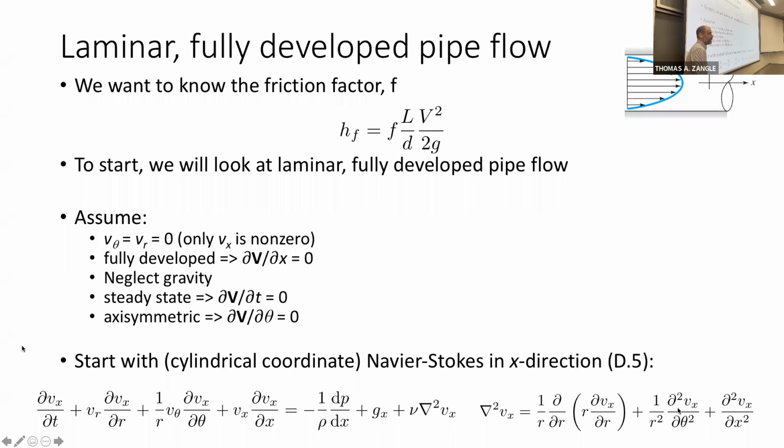Advection of momentum, advection of x momentum, right? So this is just what that looks like in cylindrical coordinates. But we can see some familiar faces here. So Vr, dVx/dr, this would be advection of x momentum in the r direction. In this case, it's going to be 0 because Vr is 0, right? But these are the advection terms.